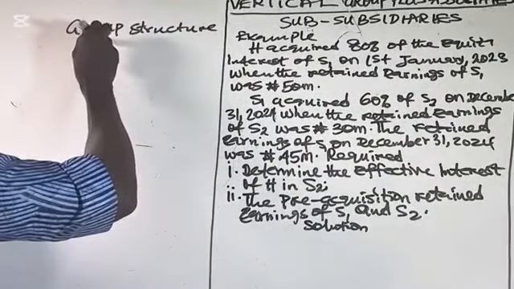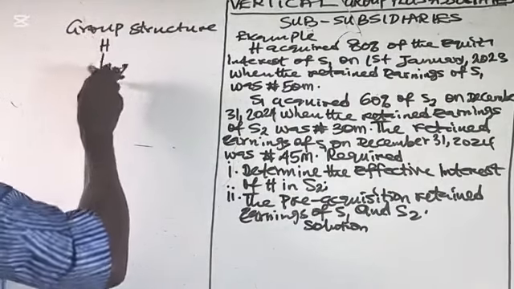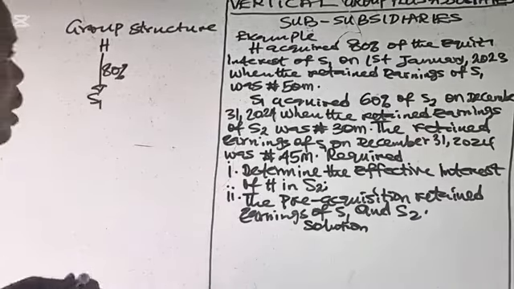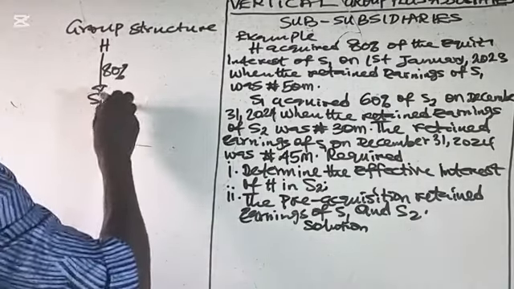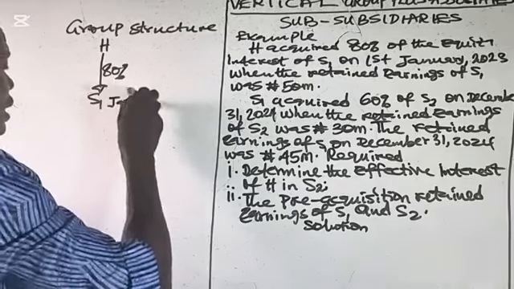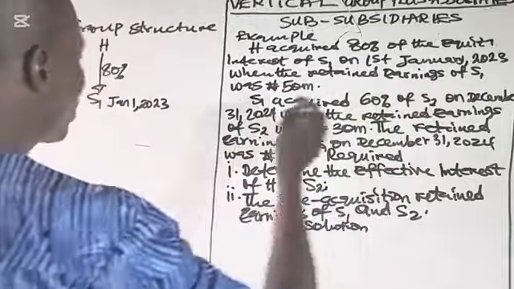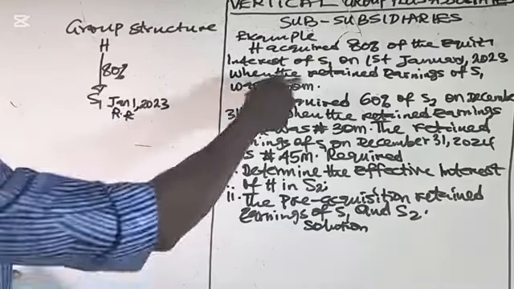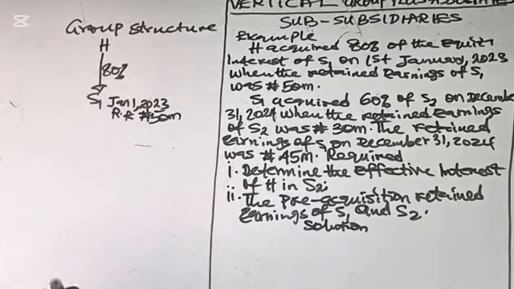That means you have H acquired 80% of the equity interest of S1. And the date of acquisition is January 1st, 2023, when the retained earnings of S1 as at that date is 50 million naira.